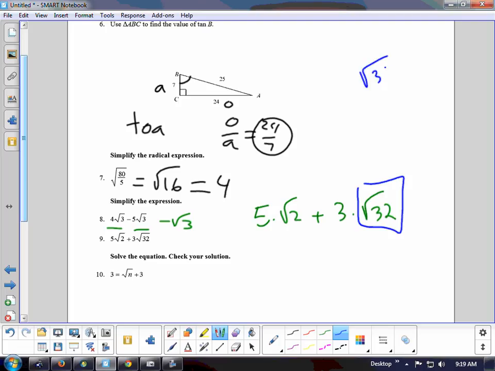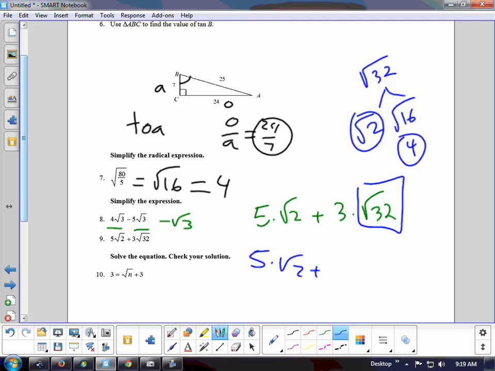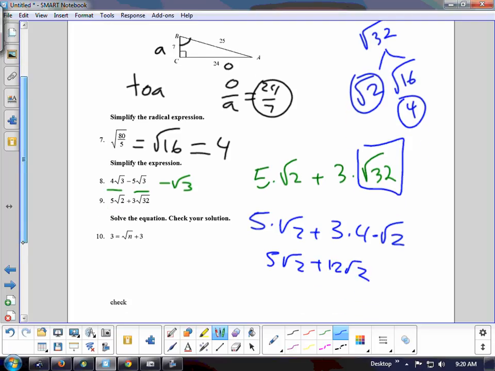So radical 32 is really radical 16 times radical 2, which is 4 radical 2. So this could now be written as 5 times radical 2 plus 3 times 4 times radical 2, which is really 12 radical 2, which turns into 17. Yes, 17 radical 2.